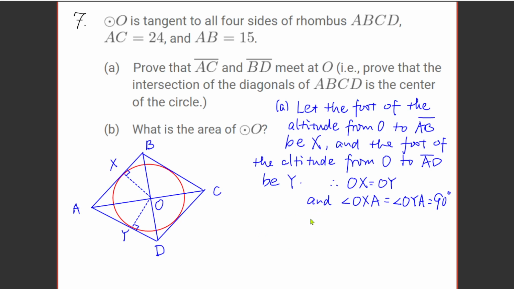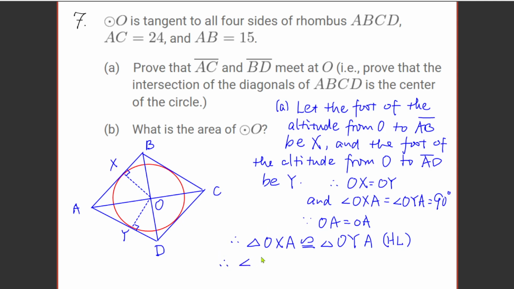We also have OA equals OA. Then triangle OXA is congruent to triangle OYA by HL congruence.